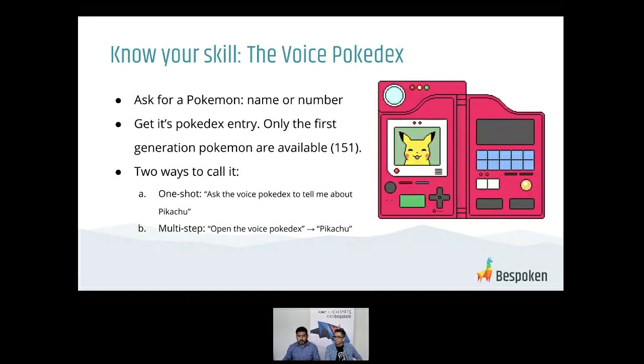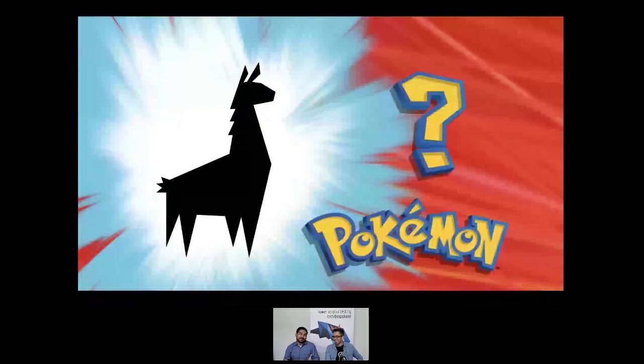So that's how my skill works, okay? And with that, I want us to play. We're going to try and guess who's that Pokemon. Yeah, who's that one? Or in reality, Alexa is going to try to guess who's that Pokemon, right?